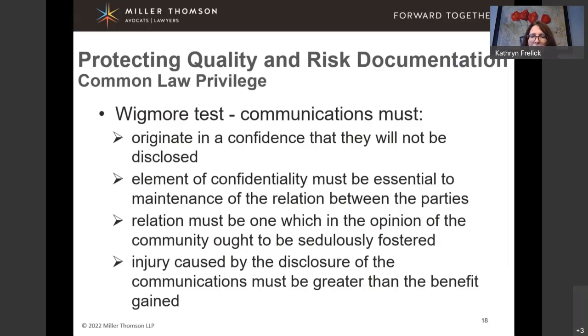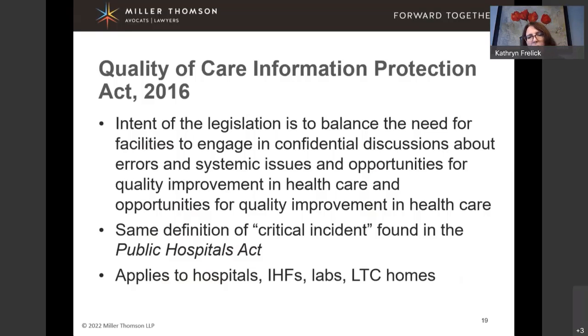So this would be, in the case of quality of care, the ability to explore and review quality of care incidents, or even if it's not an incident, your practices to ensure that you're providing the best care possible. And then there's also this balancing that the injury caused by the disclosure of a communication must be greater than the benefit gained.